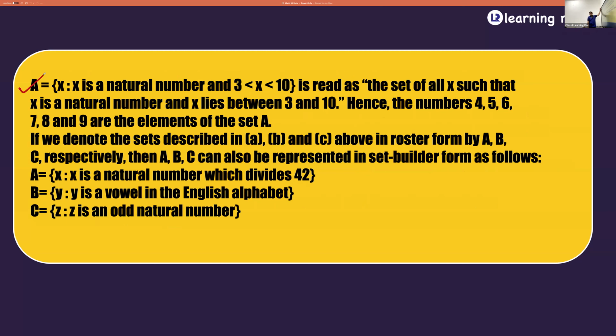A is equal to the set which contains the elements x such that x is a natural number ranging between 3 to 10, where 3 and 10 are not included. Then how do you write this in the roster form? It is going to be {4, 5, 6, 7, 8, 9}.